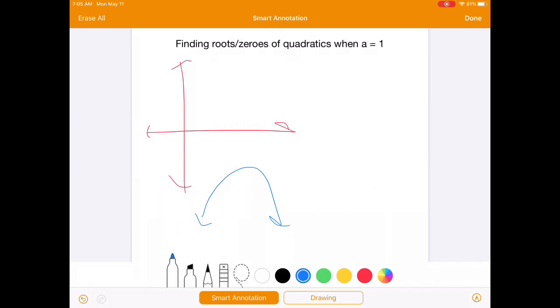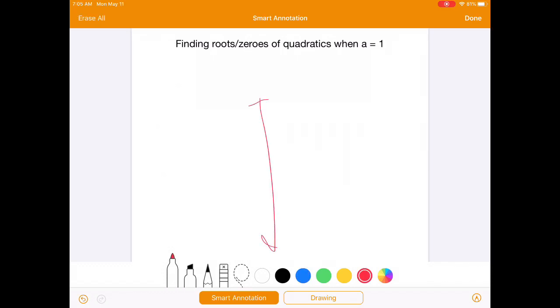So y will not possibly equal 0, and in that case there would be 0 roots. It could also be something like this, where the parabola just hits in one spot and one spot only. That would be there being only one root or zero. Now everything we're going to be looking at today is going to have two roots.